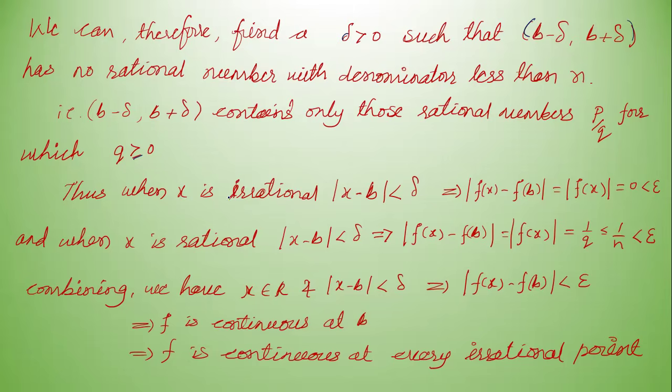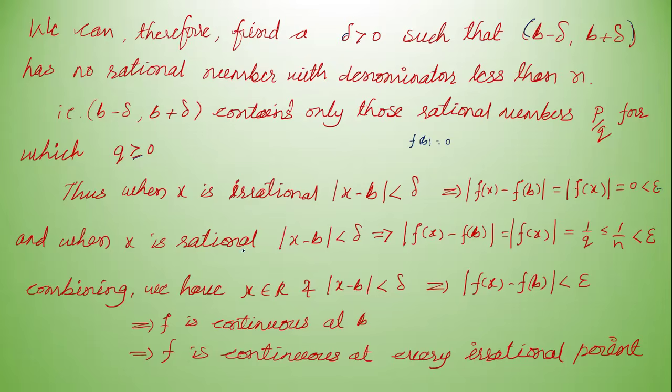Thus, when x is irrational, modulus of x minus b less than delta. Taking f of b equal to 0, in the above case, modulus of f of x minus f of b is equal to modulus of f of x, which is 0, less than epsilon.